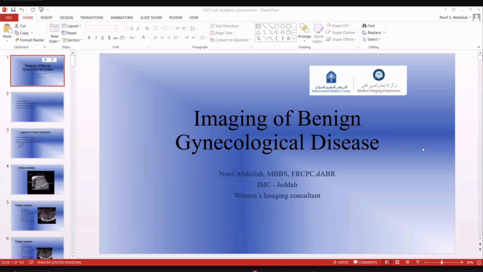So we're going to talk today about two areas. The first area is part of the imaging of benign gynecological disease, and predominantly I will focus on congenital uterine anomalies. The second part, I will cover malignant imaging of gynae, focusing predominantly on the uterus.